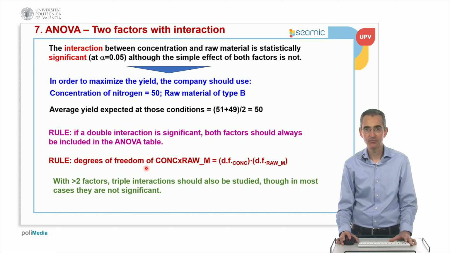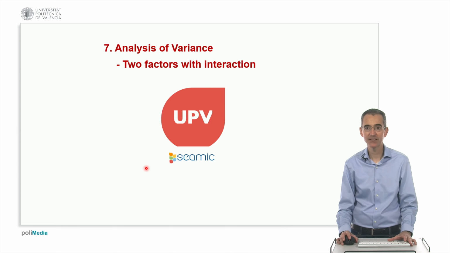But actually, in practice, in most cases, the triple interaction is not statistically significant. So this is something that in this subject we will not explain in detail the calculation, although in general way, more or less, it is something equivalent. And here I finish this video about ANOVA with 2 factors with interaction.